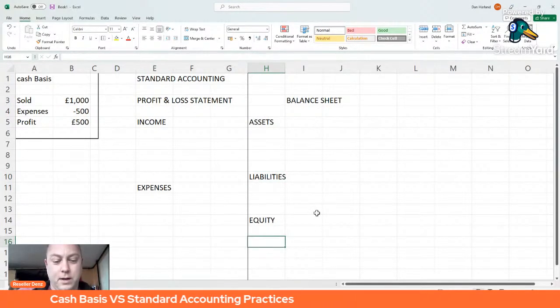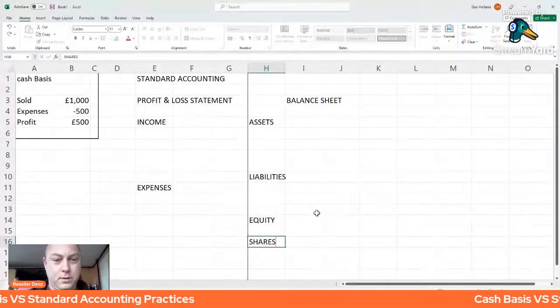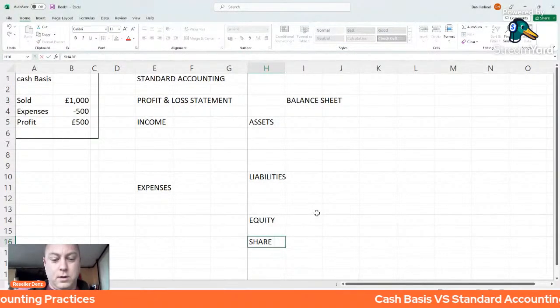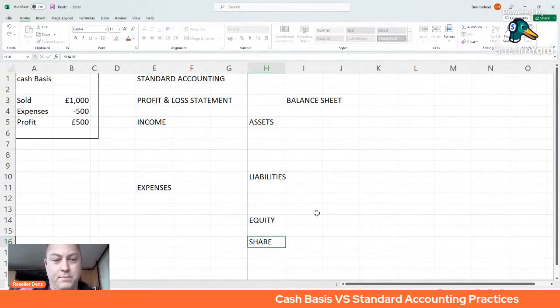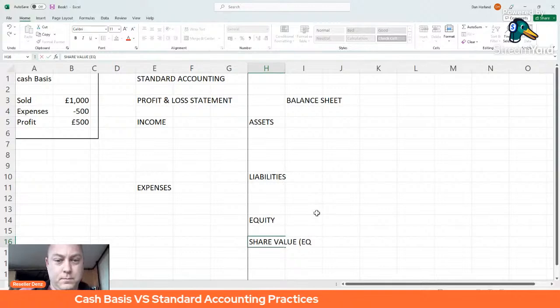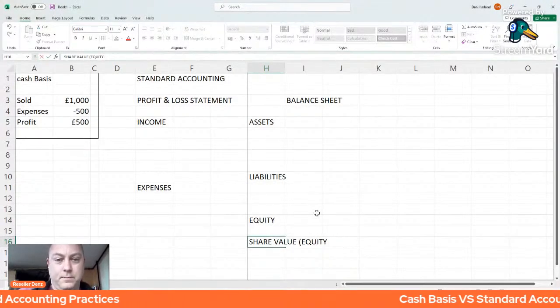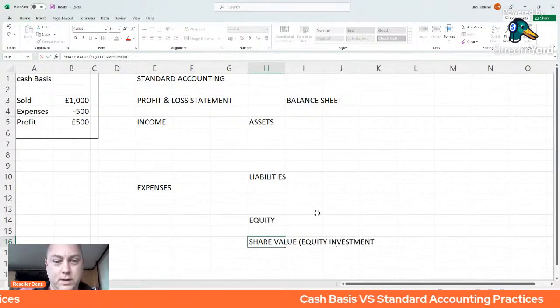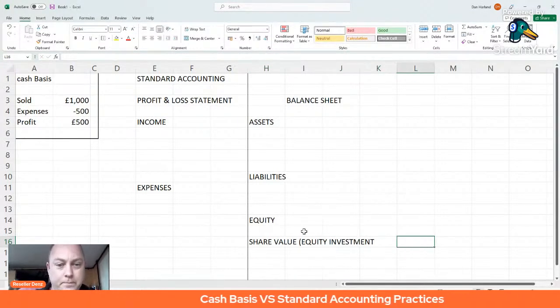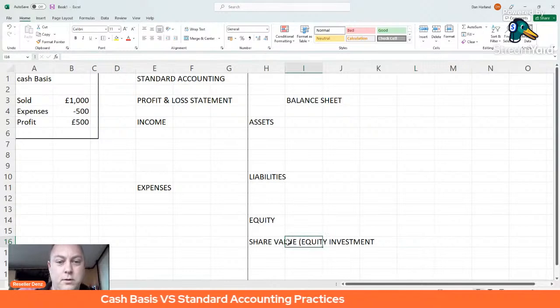So that will be down here, and that will be shares. Share value or equity investment. Right? If I could spell today.